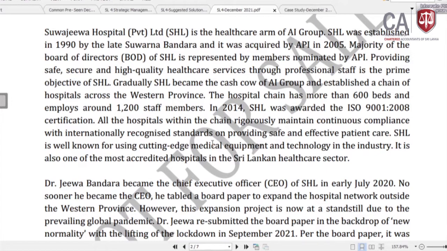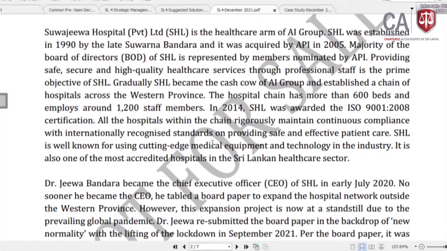The majority of the board of directors of SHL is represented by members nominated by API, right. Providing safe, secure and high quality healthcare services through professional staff is the prime objective of SHL. Gradually, SHL became the cash cow of the AI group.